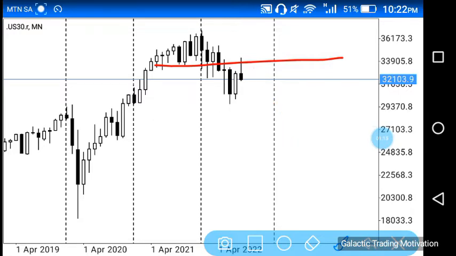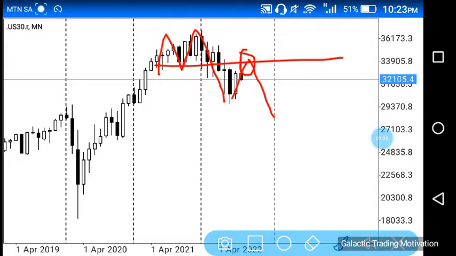That is because we have a very nice M structure over here. Price broke the neckline to the bottom side and then went back up to test the neckline of that M structure, and we might possibly see price push further down.